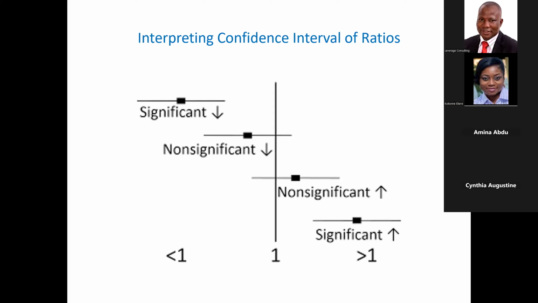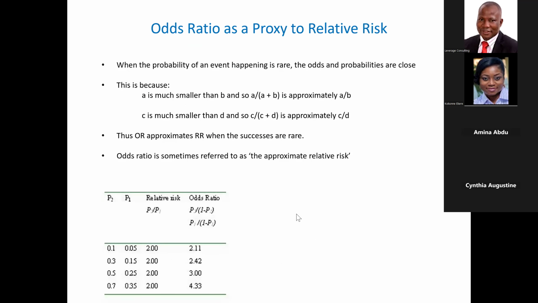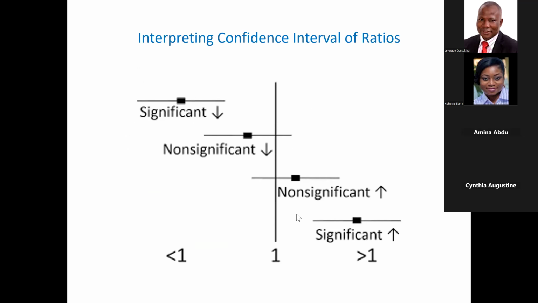So with number 2 and number 3, even though number 2 is saying that the odds ratio is less than 1, which would mean that the thing is protective, because the confidence interval has included 1, it's not significant.